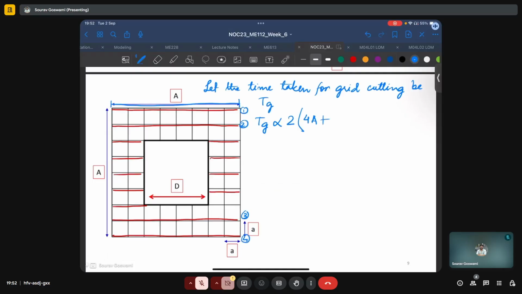Plus this smaller distance, which is this pixel length a, which was say 1, 2, 3, 4, and 5. Similarly, on the other side, 6, 7, 8, 9, and 10. This is 10 times 2 into small a.